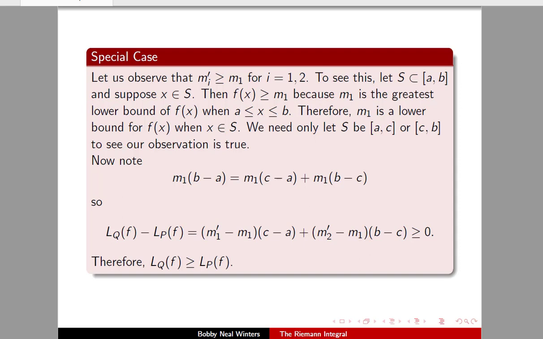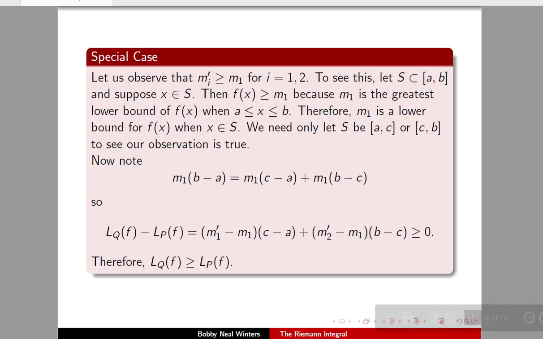Therefore, m_1 is a lower bound for f(x) when x is an element of S. So we need only let S be [a, b], [a, c], or [c, b] to see our observation is true.